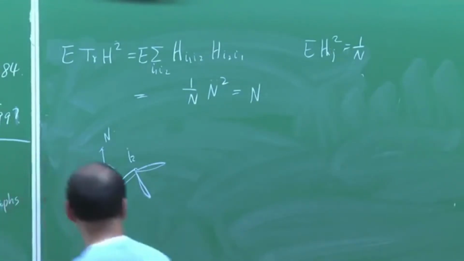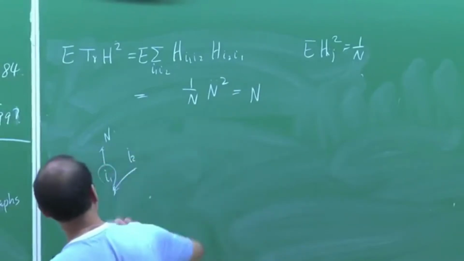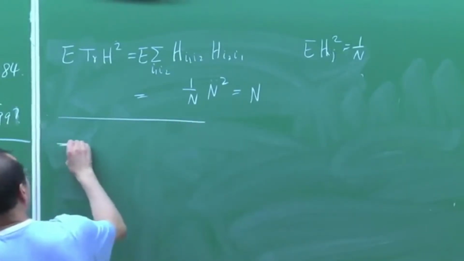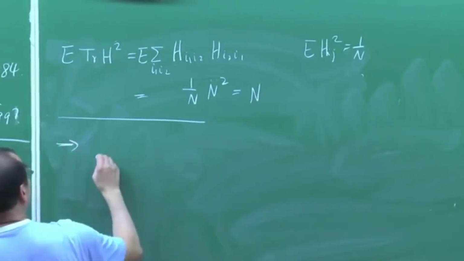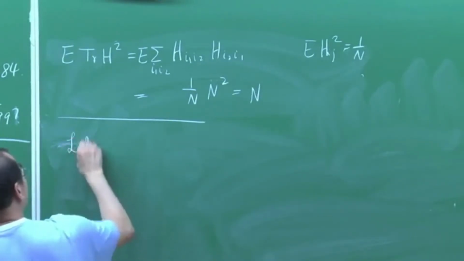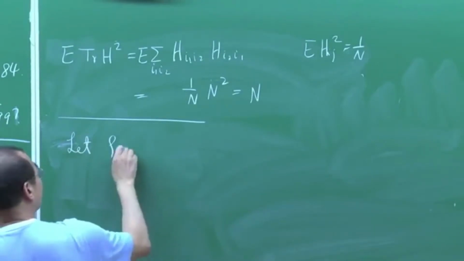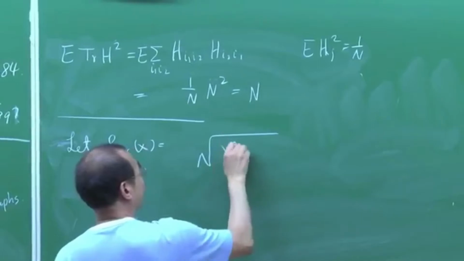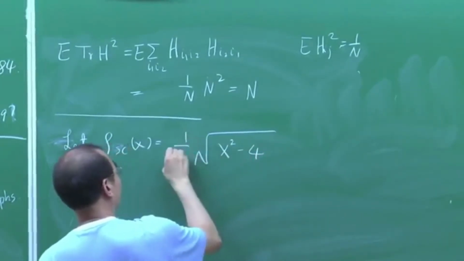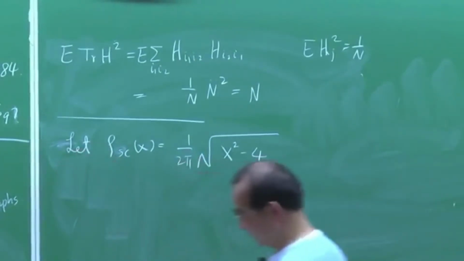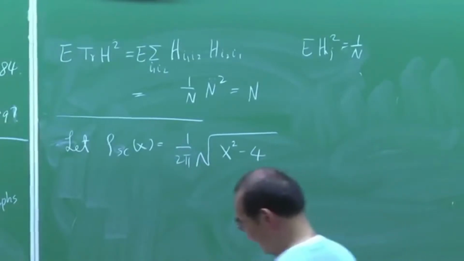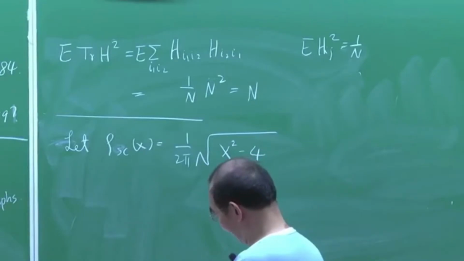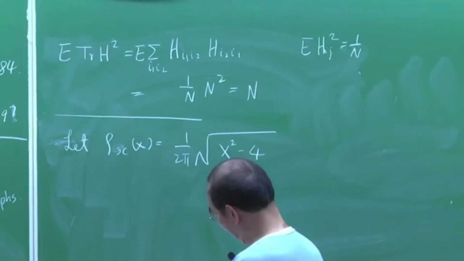So this was done by Wigner. And then what's the point? Suppose you let the semicircle function be 1 over 2 pi times the square root of 4 minus x squared.